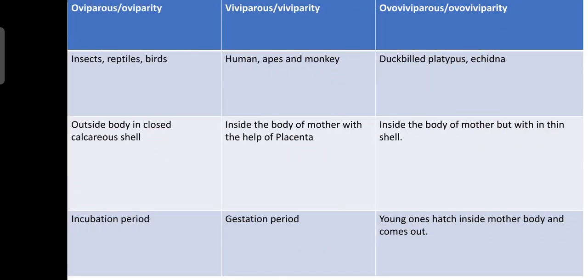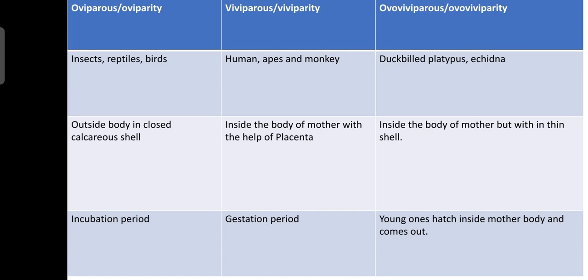Okay, I will summarize the oviparous, viviparous and ovoviviparous conditions, starting with the examples, then the mode of development and the process after development. Oviparous examples are insects, reptiles and birds. Viviparous examples are humans and monkeys. Ovoviviparous examples are the duck-billed platypus and echidna.